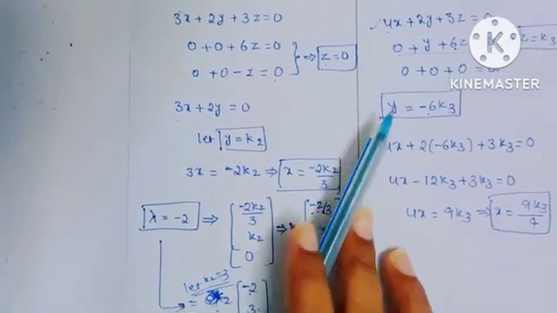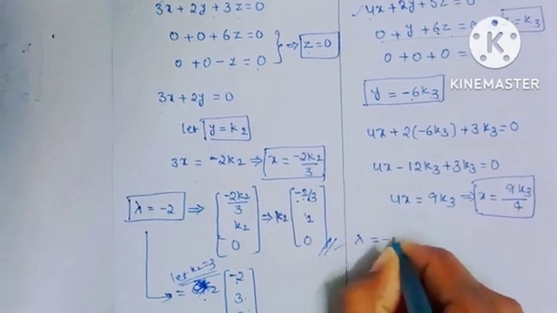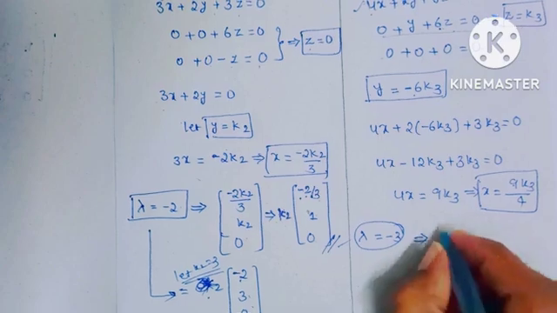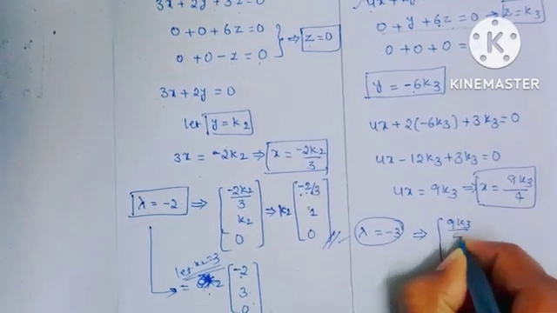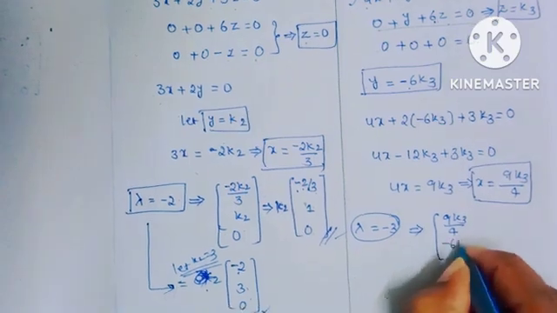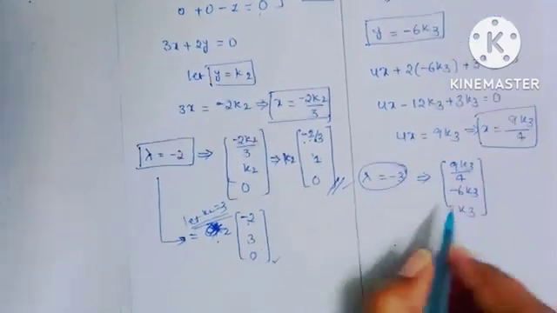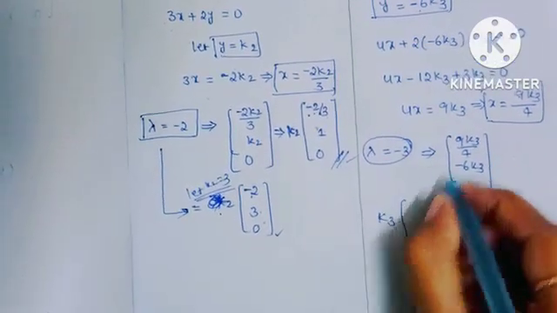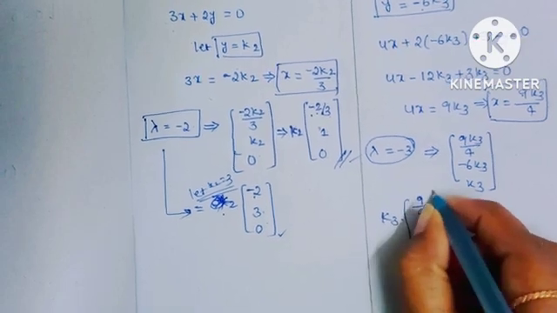So we know the x, y, z values. The eigenvector for the eigenvalue lambda equal to minus 3 is x equal to 9k3 by 4, y equal to minus 6k3, z equal to k3. By taking k3 common from this equation, we will get 9 by 4, minus 6, 1.